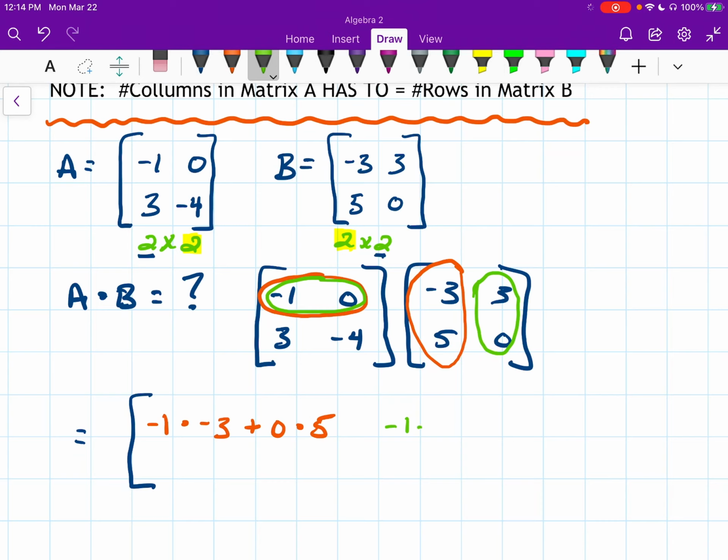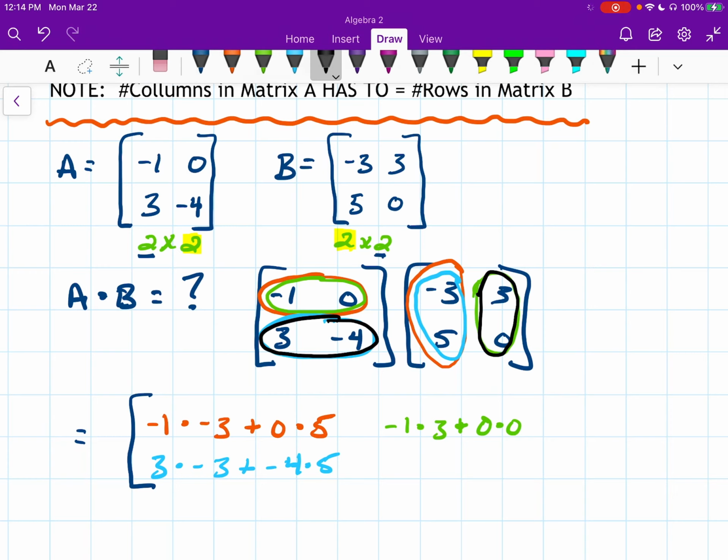This will be -1 times 3 plus 0 times 0. Now I jump to the second row. 3 times -3 plus -4 times 5. And lastly, I do the bottom row with the last column, 3 times 3 plus -4 times 0.